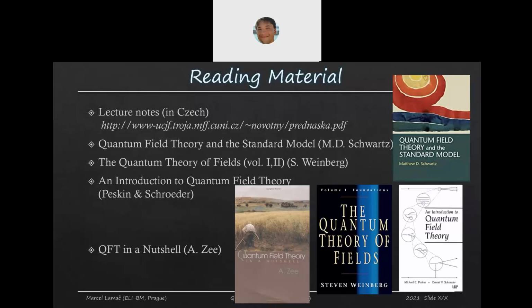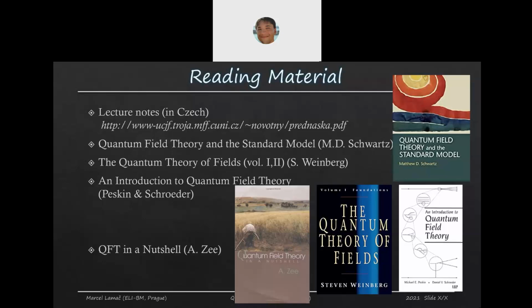Then there are the Bibles by Steven Weinberg, the Quantum Theory of Fields, Volume 1 and Volume 2. Unfortunately, Nobel Prize winning physicist Steven Weinberg died, I think, on Saturday. This is very unfortunate, so I would like to dedicate this lecture in part to him.